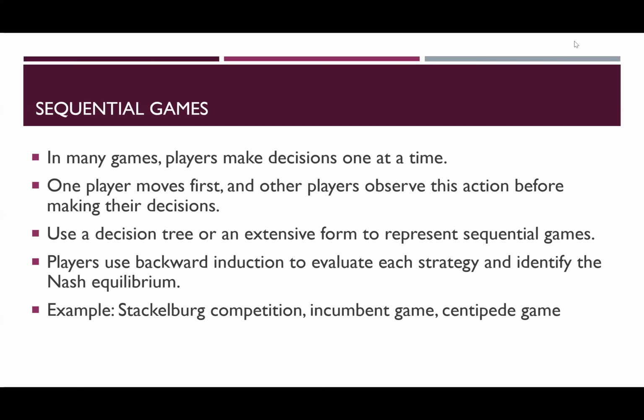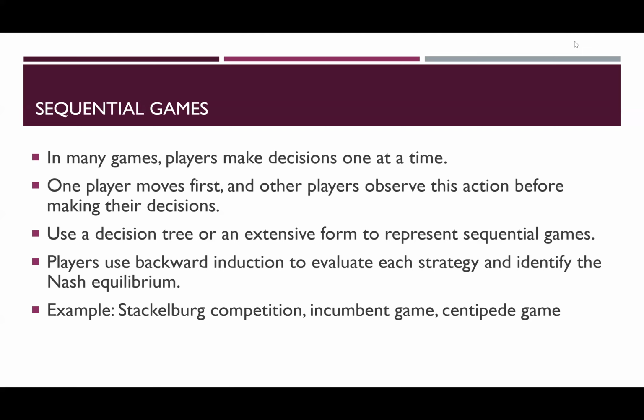All right. So when we have sequential games, the way that we represent them is with what's called a decision tree. It's also called the extensive form of a game. So that representation of the centipede game that you saw in a previous slide was a decision tree, right? It wasn't in a matrix.